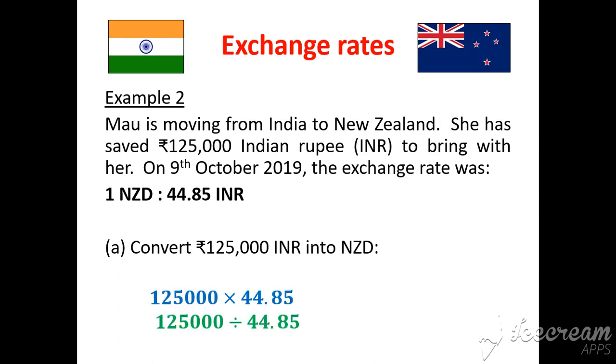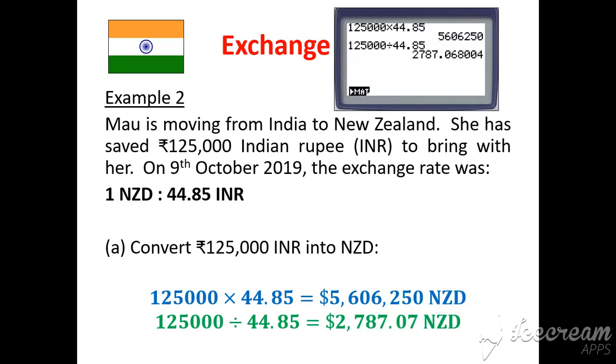So once again, I times and divide by the exchange rate, and work out the answer on my calculator to get two possible answers. Go back to this exchange rate, thinking of it like 1 New Zealand dollar is about 44 Indian rupee. So if you have $1 in New Zealand, you have a lot more Indian money.